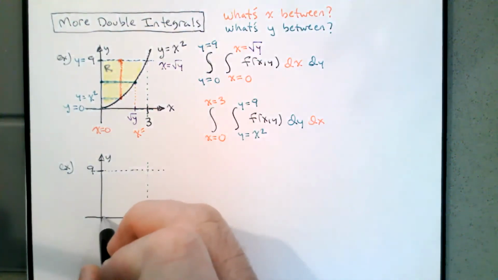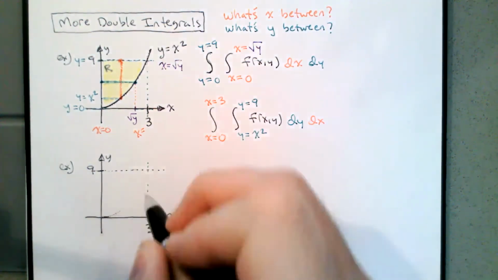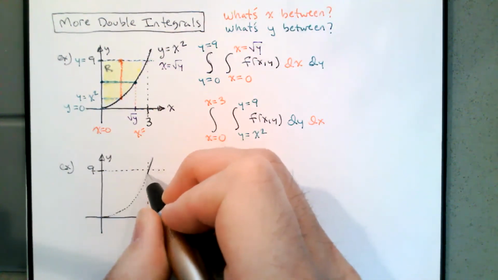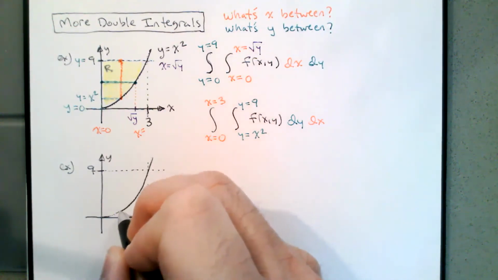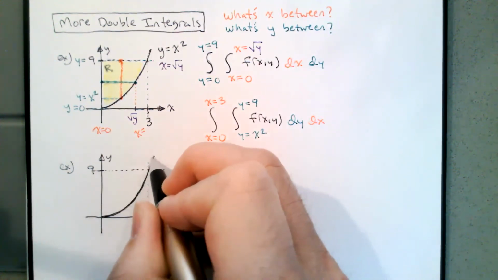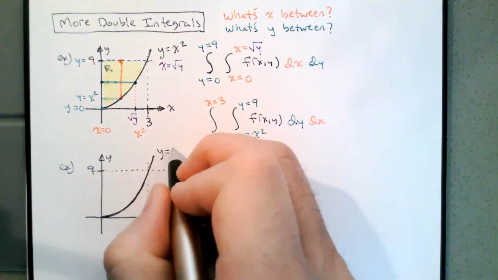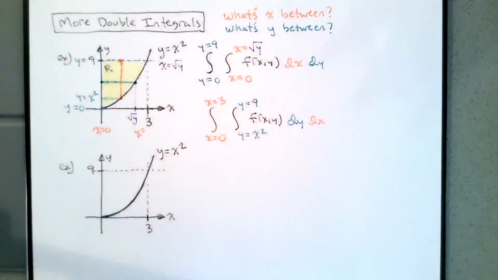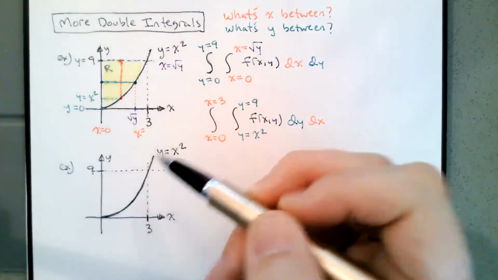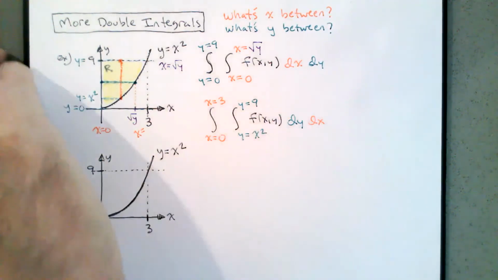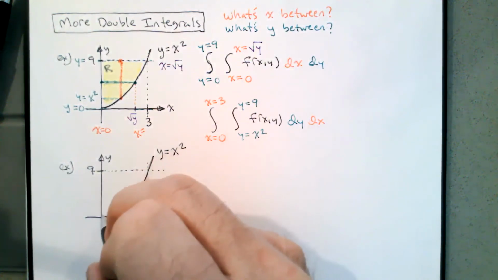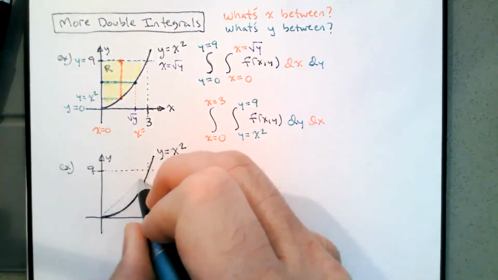I'm going to exaggerate it a little bit. But now instead of using the y-axis and the line y equals 9, I'm just going to draw a line. I'll make the line alternate color. From 0, 0 to 3, 9.